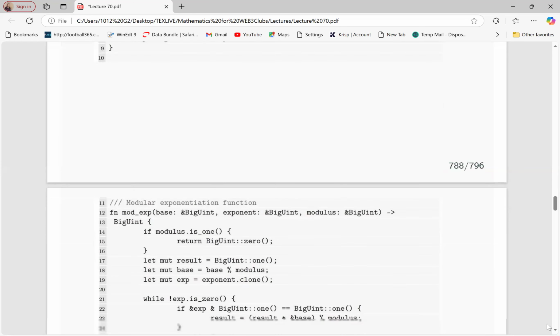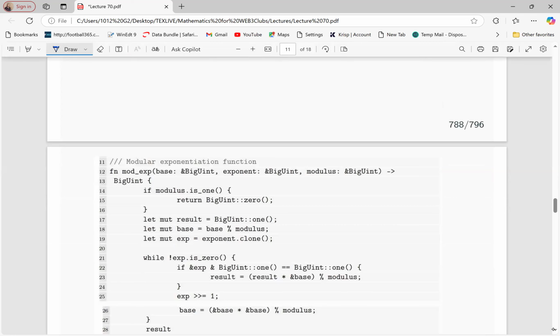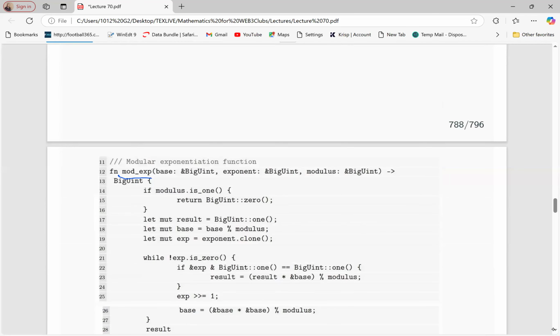This is the function that does the mod exponent. For instance, you're given the base, the exponent, and the modulus.